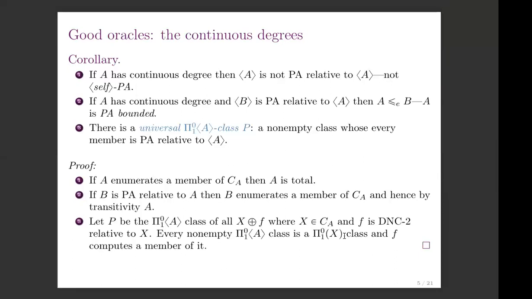And the DNC2 function relative to it will enumerate a member. So this gives you a universal class.